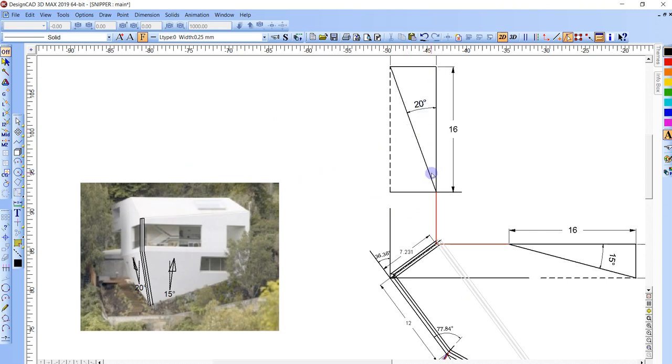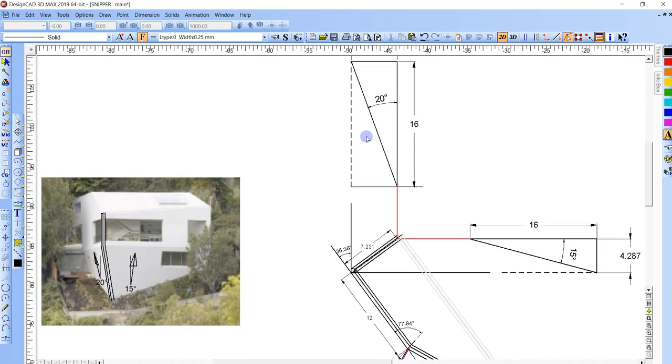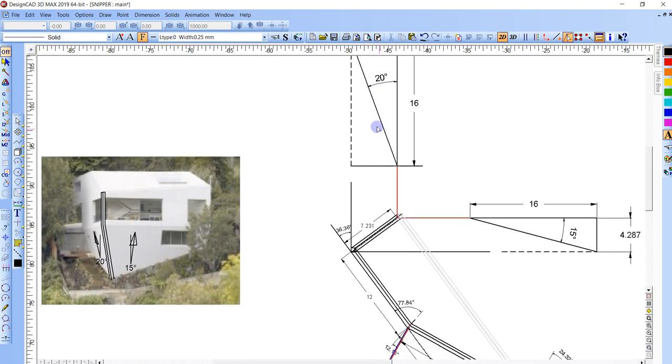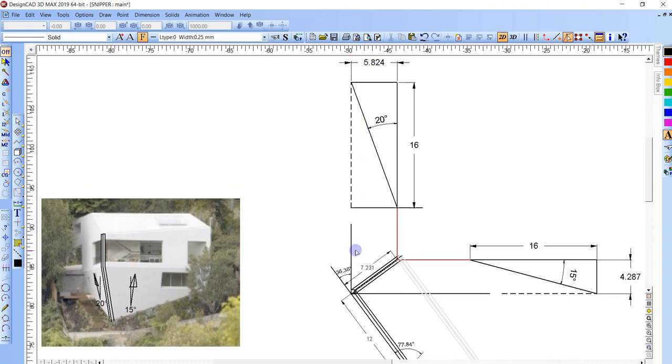So you go vertically 16 feet, and then you put the 20 degrees on it, and then you calculate this width here. The trigonometry is pretty simple, or the rise run calculator is pretty simple. And then you project that down, so you get this 5.824 projected down.